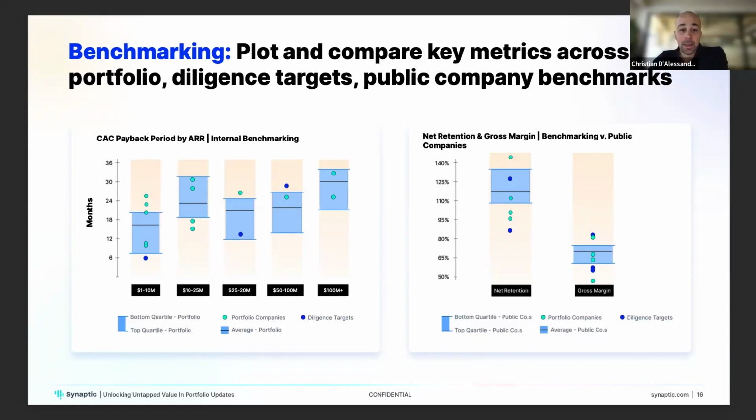And in the benchmarking case, it's definitely one of the most powerful use cases we've seen. We're really excited about the unlocks that are happening here and the insights that clients have been talking about pulling.